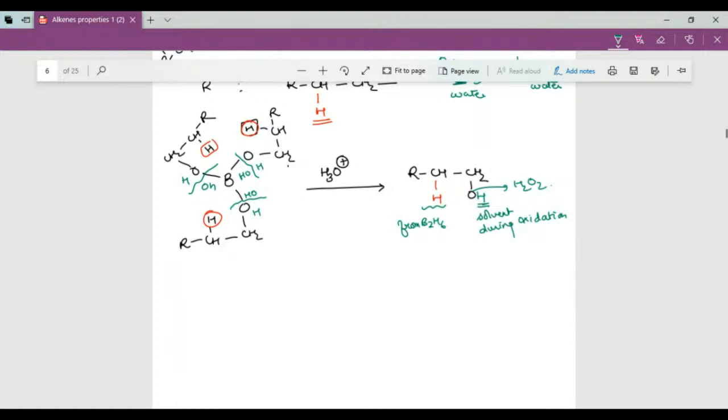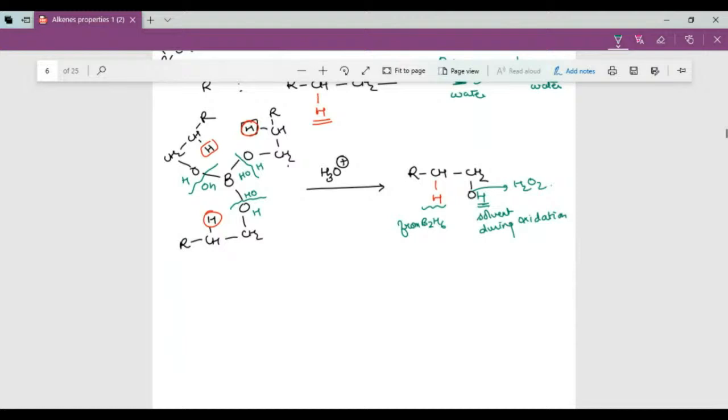anti-Markovnikov addition, because overall certainly this OH and H, if I can just say them as H plus and OH, which is definitely not correct because it was not that we added H plus and OH directly, but just to relate it with water, I can say that it is H plus and OH addition and in an anti-Markovnikov way.